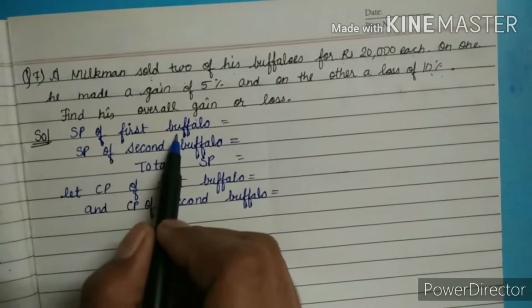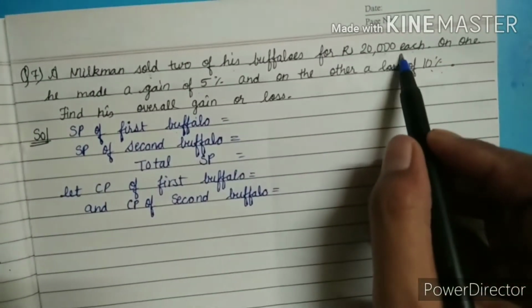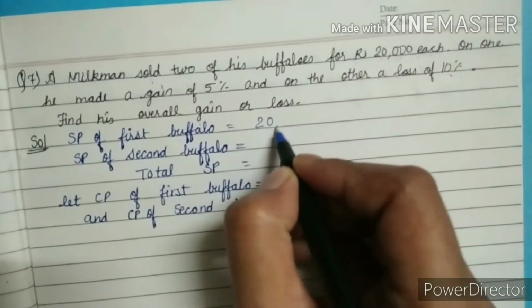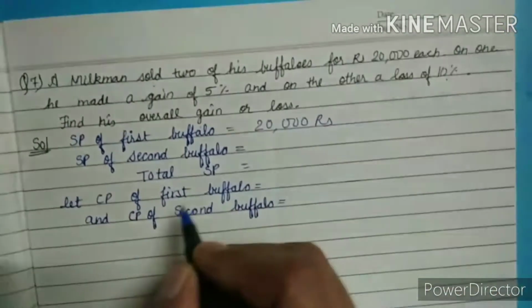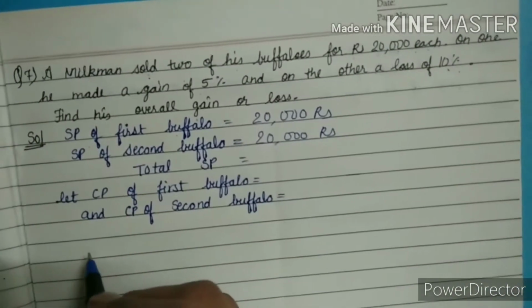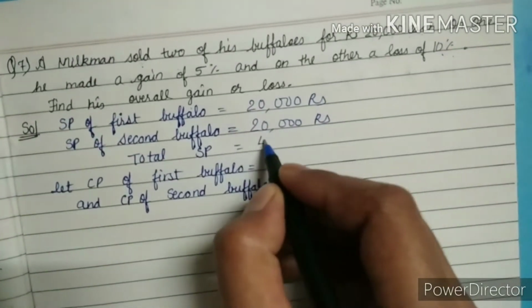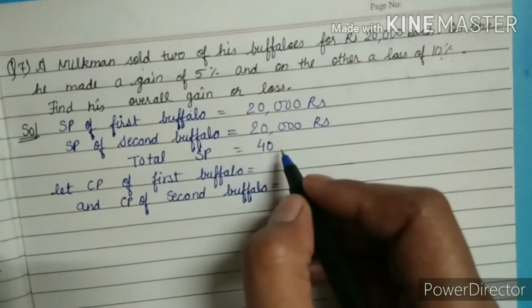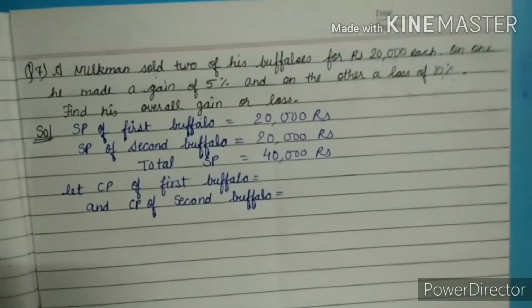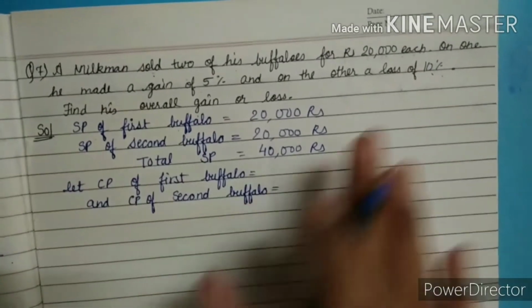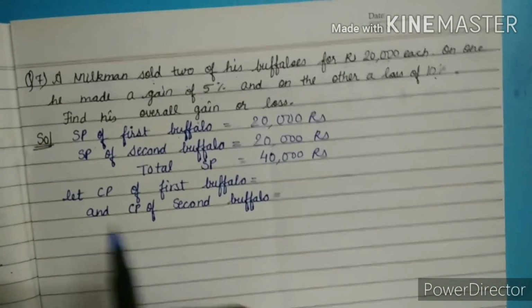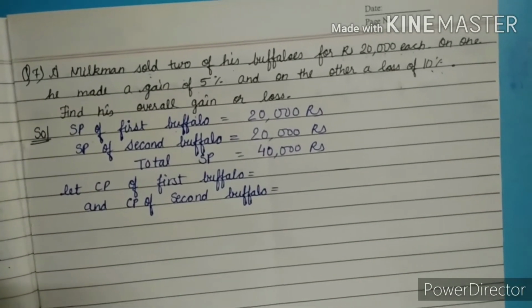Selling price of the first buffalo is 20,000 rupees. Second is also 20,000 rupees. So the total selling price after adding the first and second buffalo is 40,000 rupees. You can see here we have the gain percentage and loss percentage of each, but we do not have the cost price of the first or second buffalo.